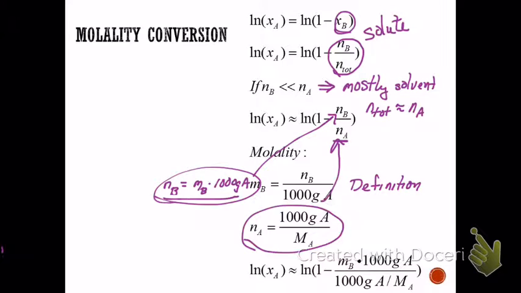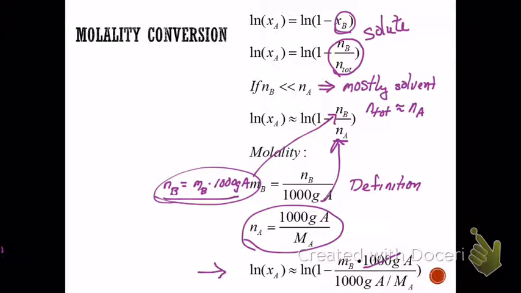We can do the same thing with the number of moles of A and substitute in our ratio above, and we end up with this expression here, which now has molality in it, multiplied by 1,000 grams. Now, of course, the 1,000 grams of our solvent A will cancel out.